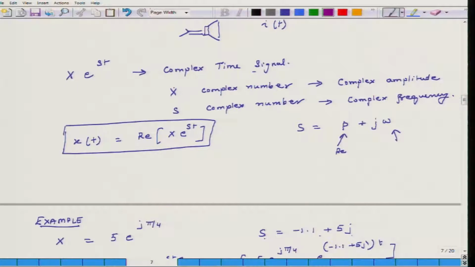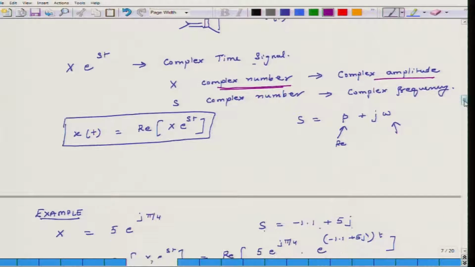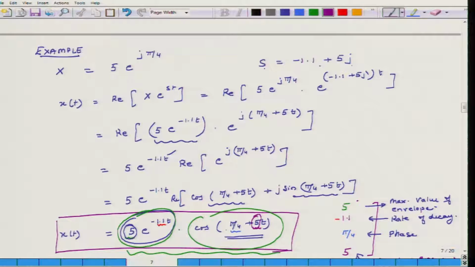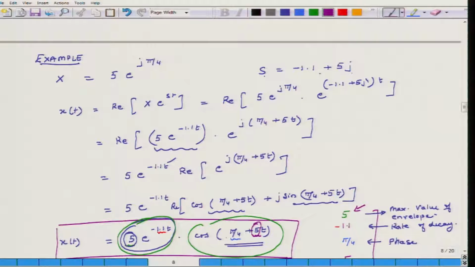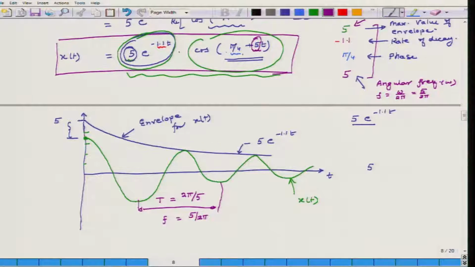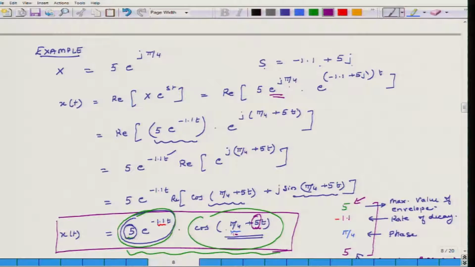So, going back, the complex amplitude: the amplitude of this complex amplitude is what? It is the maximum value of the envelope. And then the complex amplitude has a magnitude and it also has a phase. The phase, when we play with the mathematics, shows up as the phase of the signal. And then this complex frequency again has two parts, a real part and an imaginary part.